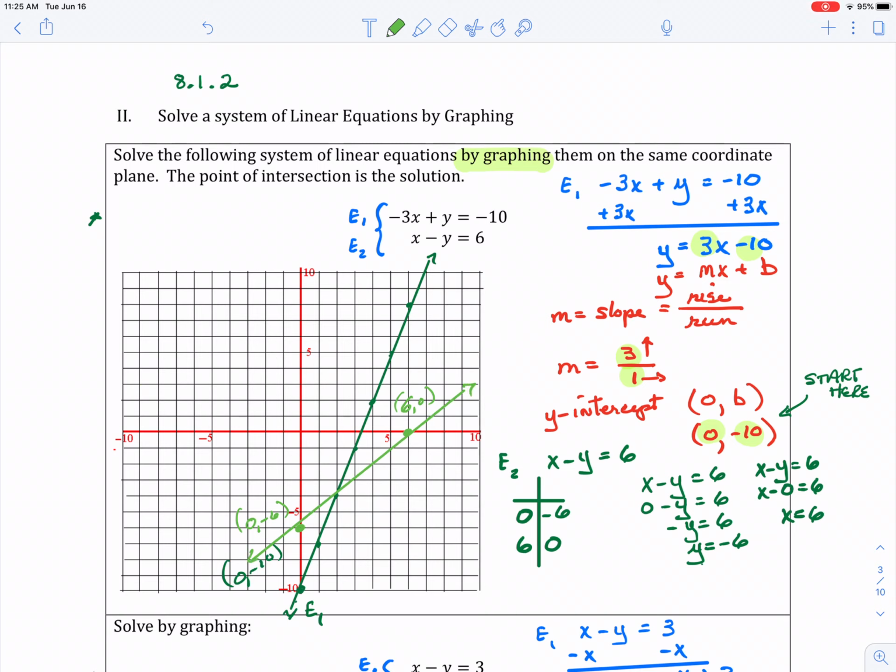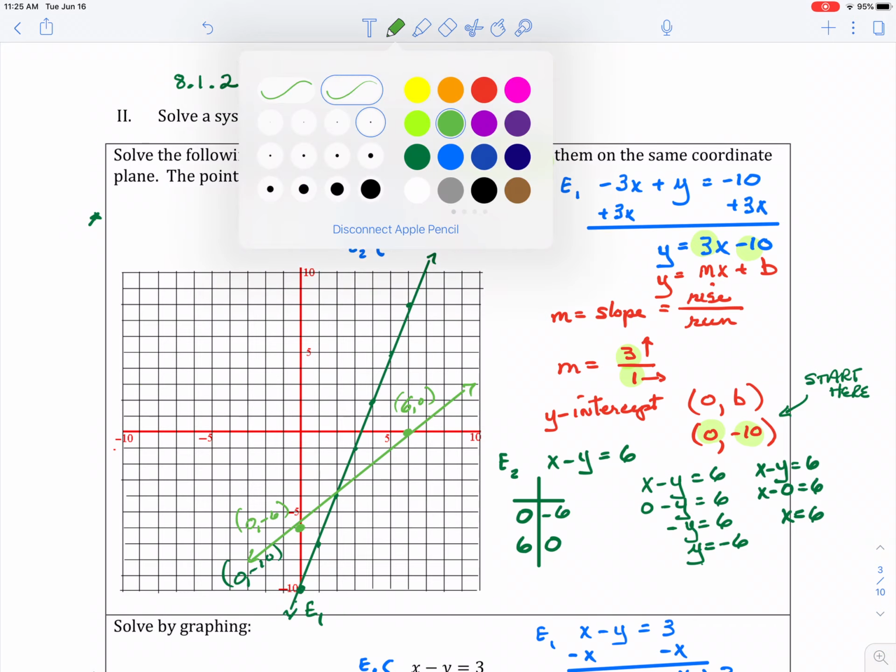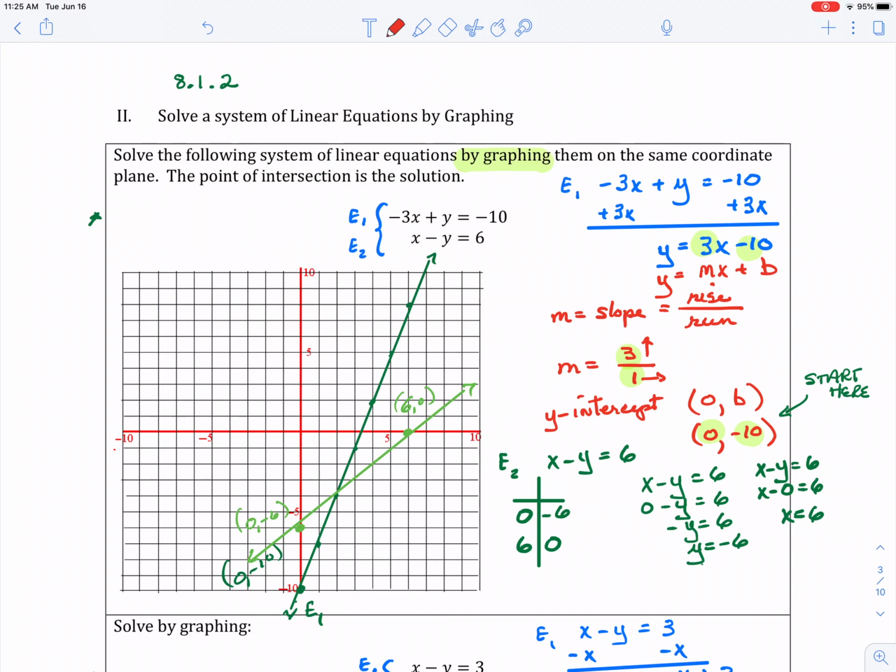So what we're looking for here is the one point on this graph that is shared by both of these lines. So that point that I highlighted there in red is a point on the first equation, or a solution in the first equation, and it's also a solution in the second equation.